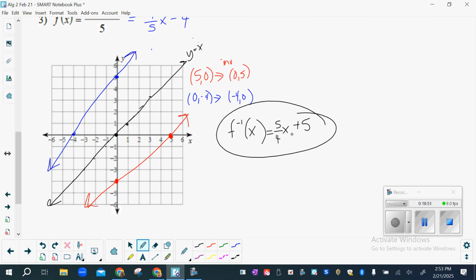Yeah, I threw a brown one. I thought it was a red one.